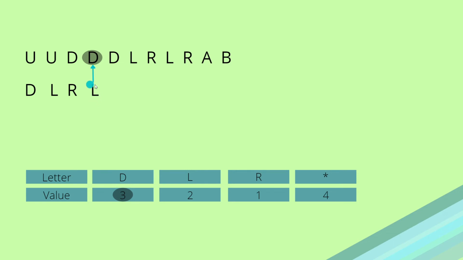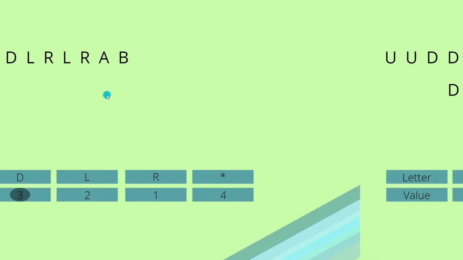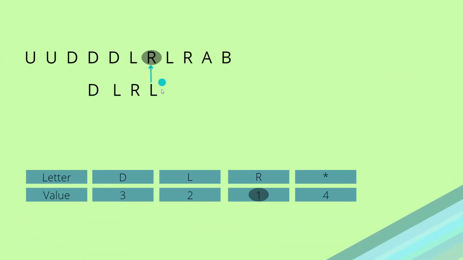So the first character to compare would be L, and we can see that it does not match the corresponding character in the string. So we check the value of the character D in the bad match table. We can see that the value is given as 3. So we can skip 3 positions and end up in this format.